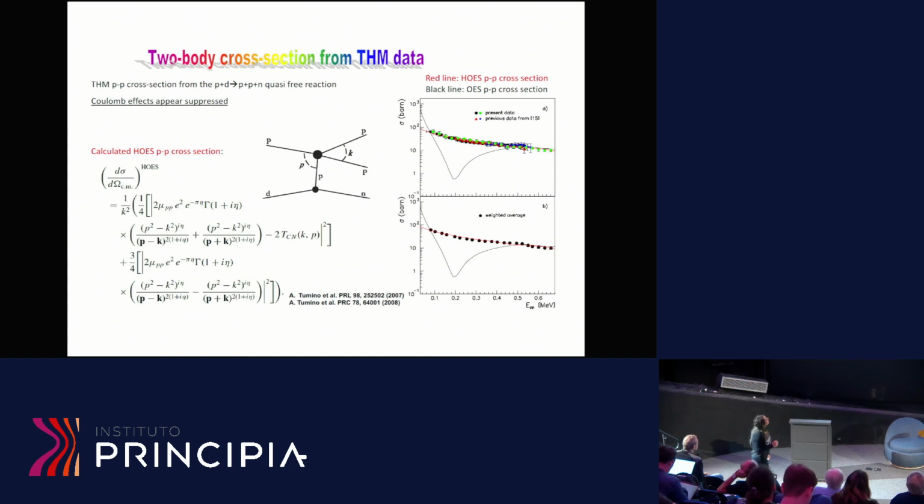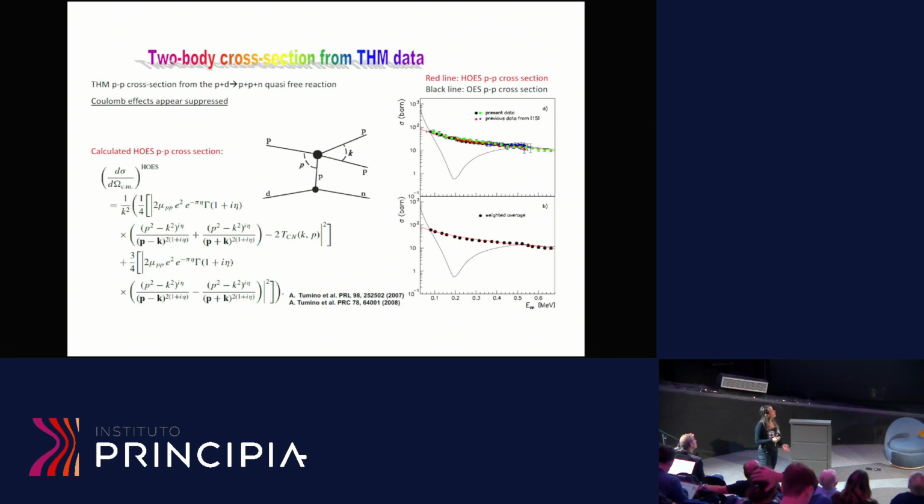It was really a surprising result because here you can see the two-body cross-section. So this is the PP scattering cross-section. You can recognize the minimum. The minimum is a signature of interference between the nuclear and the Coulomb force. And what we got instead was this trend, so no minimum at all. And we interpreted the absence of the minimum as a suppression of the Coulomb interactions.